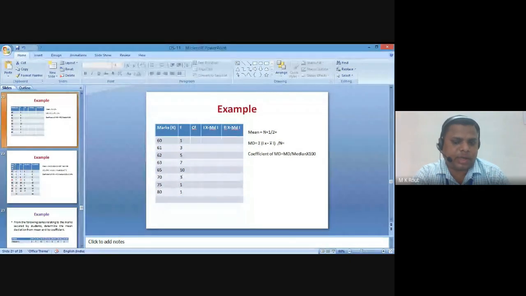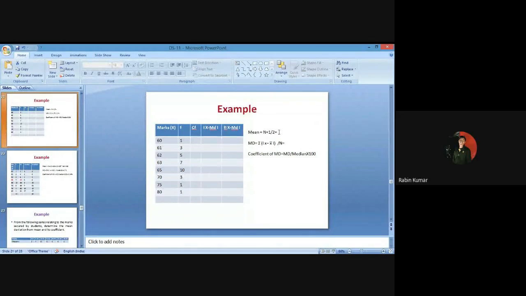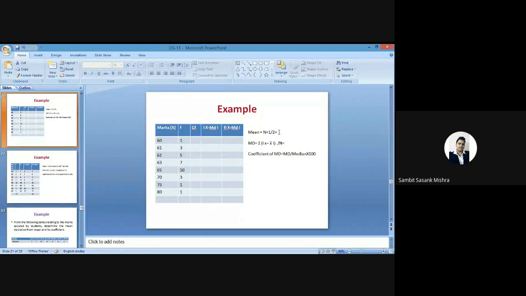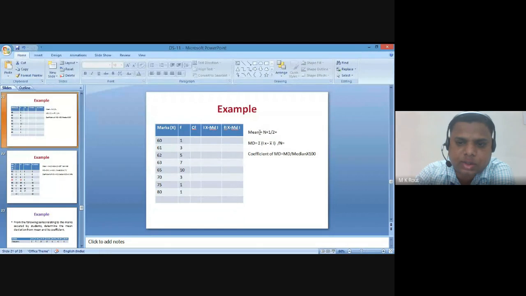What is the value of median here? That means 31 plus 1 divided by 2. How much? 16. Sir, 65. No, 63. Sir, 63. Just a minute, I'll change this one.